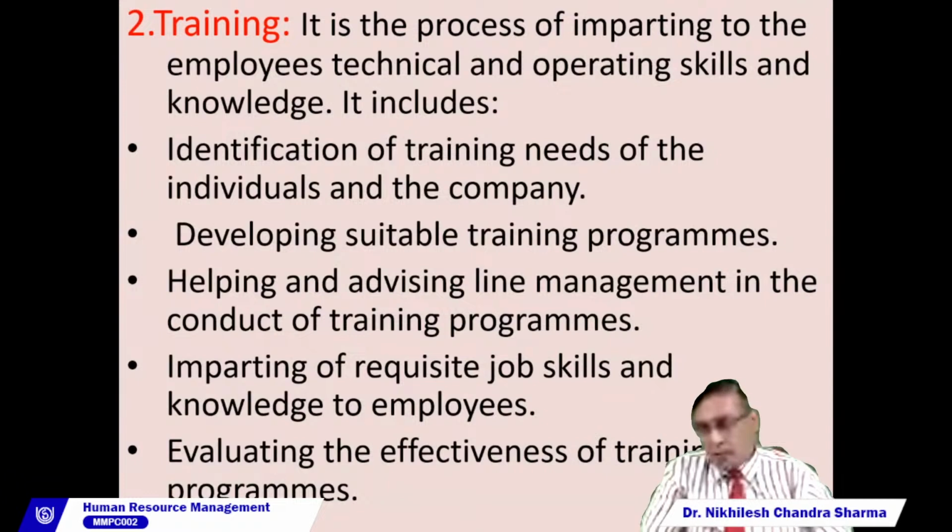First of all, the HR manager finds out: is there any need for training? If any new products or new technologies are launched in the market, this is dependent upon the HR manager. Is there any need? If there is a need, then they will plan a training program.